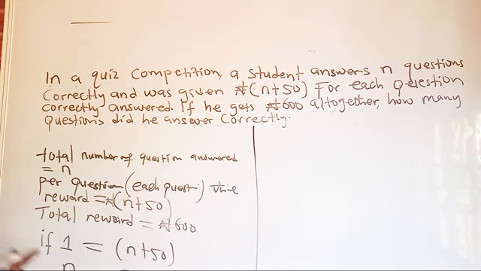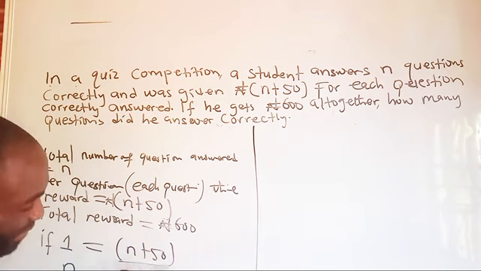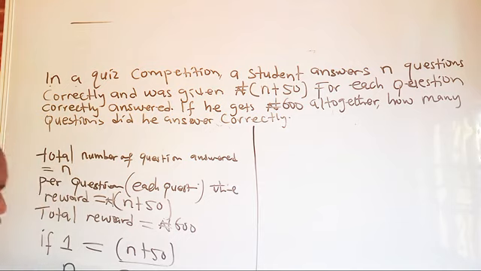That is, if per question they are paying him this, and he answers a certain number of questions, what is he going to earn? That is what you ask yourself. So from here, you do what is called cross multiplication.